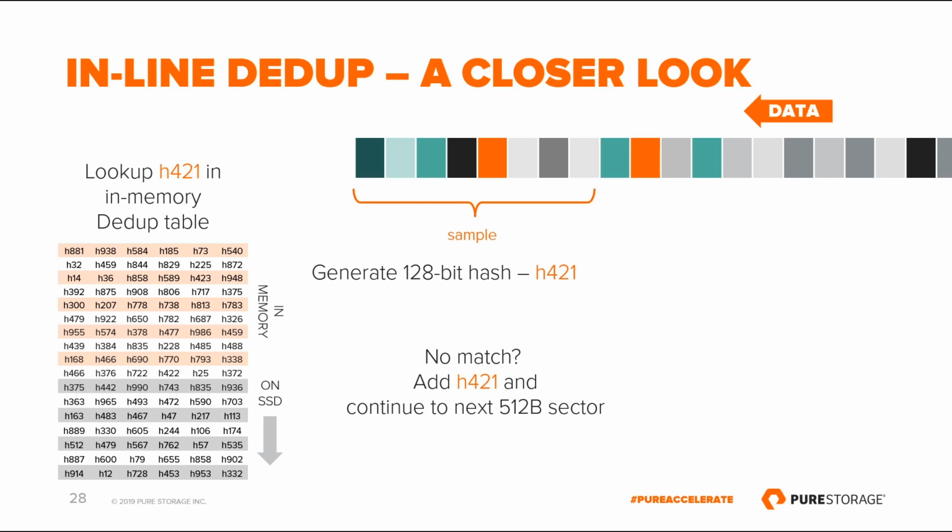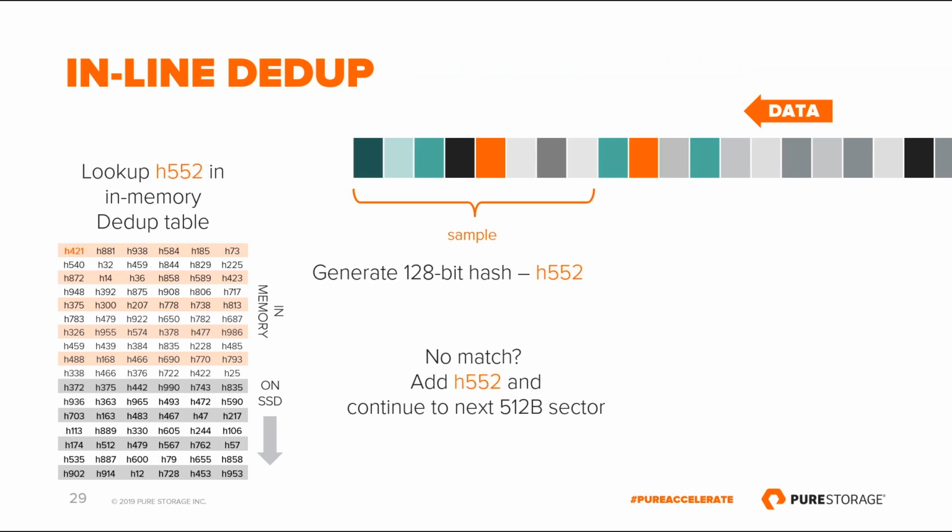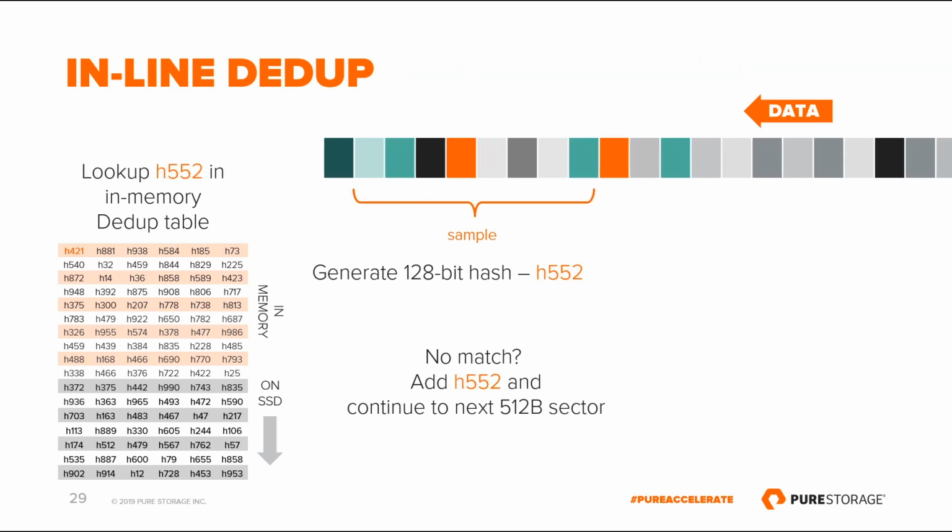But if it's a miss, it means the data is unique, and then we end up writing that into the dedup table. Then we'll keep going and slide that sample to the next block over, and create another hash. In this case, the hash is H552, and it does not exist, so we enter that into our table and move on.